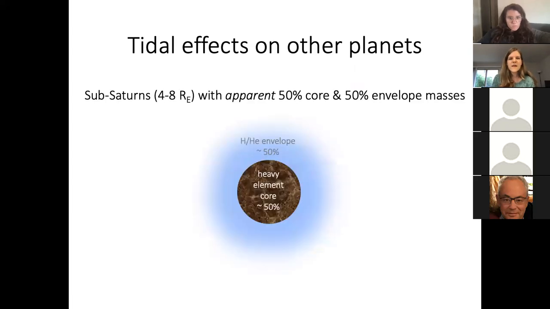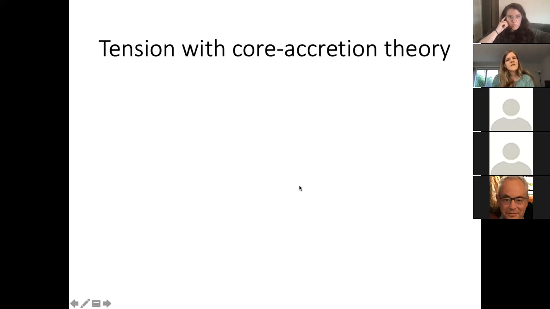This is a group of planets which we call sub-Saturns, which are planets in the 4 to 8 Earth radii regime that previous works had thought contained about 50% of their mass in their envelope and 50% of their mass in their core. There are roughly 10 or so planets that have been discovered with this apparent balance of mass. But planets like this pose a problem because they shouldn't exist according to the theory of core accretion, which represents the dominant paradigm of planet formation for gas-rich planets.